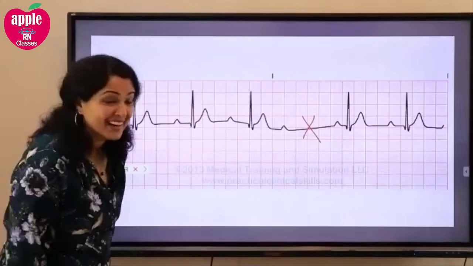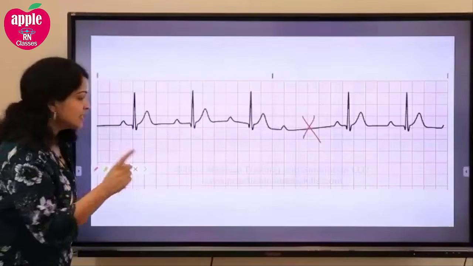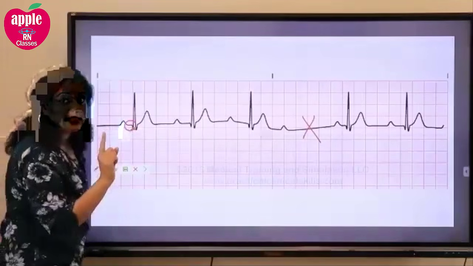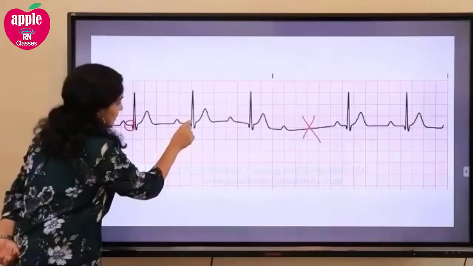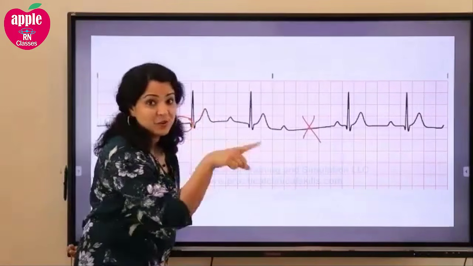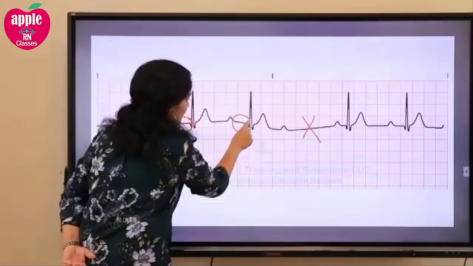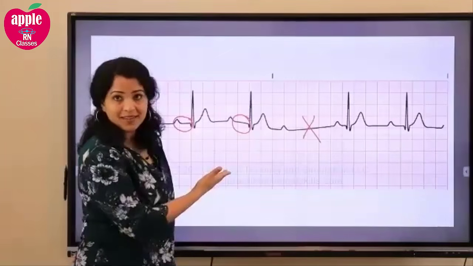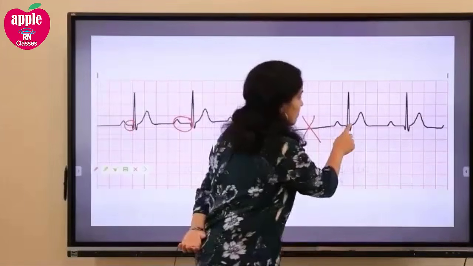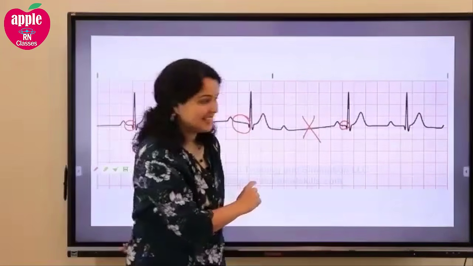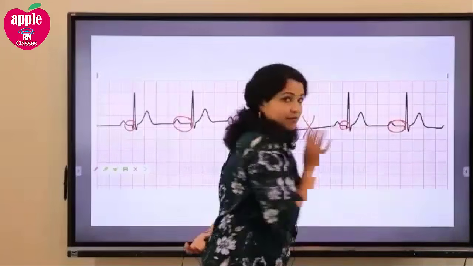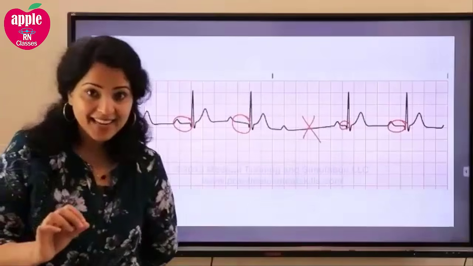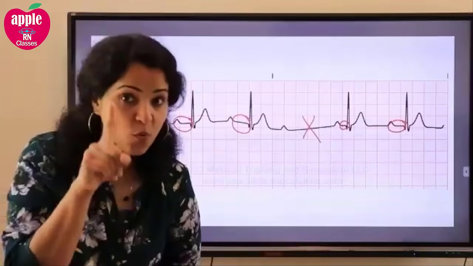It's type 1 because look at the PR interval here. It's getting a little longer the next time. Getting a little too long the next time. And then he doesn't come home. Dropped QRS, right? Then again back to the normal routine. Again going prolonged. So this is going to be the second degree type 1.